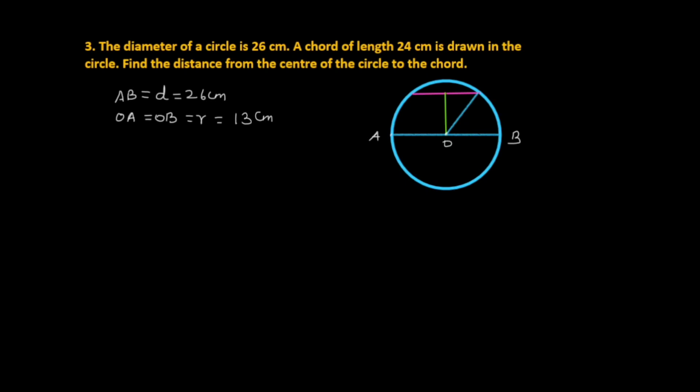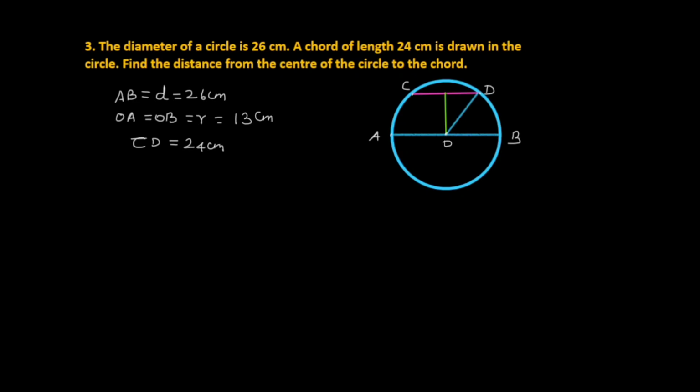A chord of length 24 centimeter is drawn in this circle. Let's take this point C and this point D. CD is a chord. Length of CD is given 24 centimeter. Find the distance from the center of the circle to the chord.